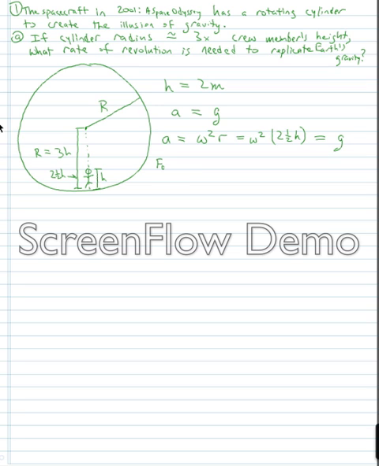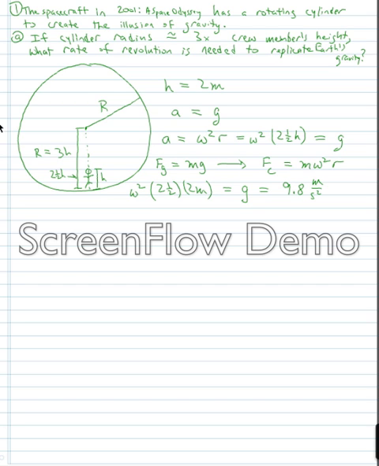Because the acceleration should equal g. So instead of having force of gravity equals mg, instead we'll have the centripetal force equal to m omega squared r. Okay, so now we have omega squared times 2.5 times 2 meters equals g, which equals 9.8 meters per second squared.